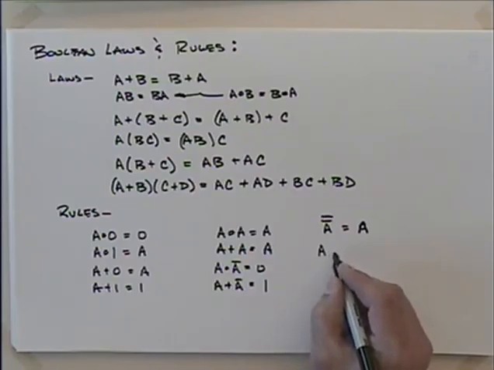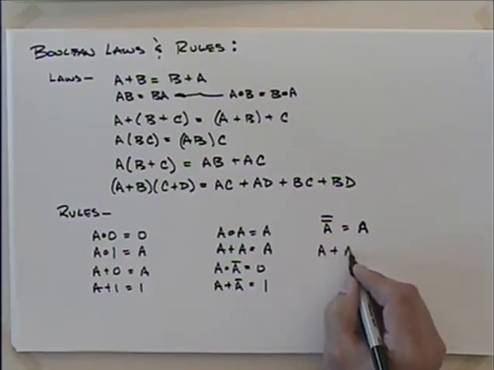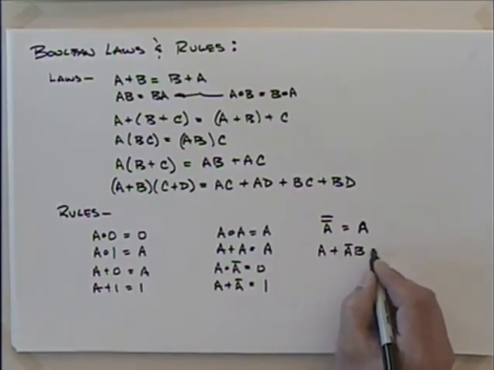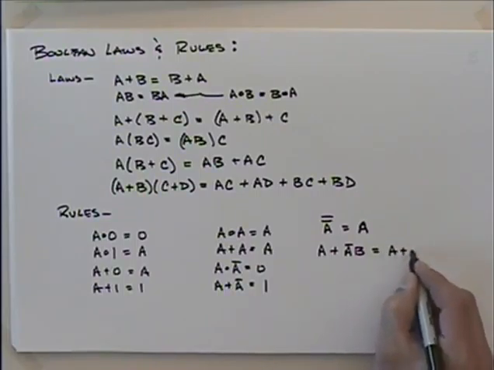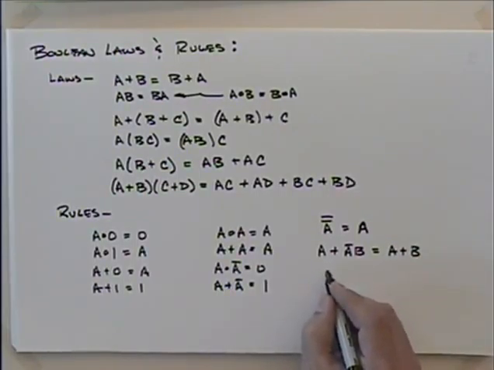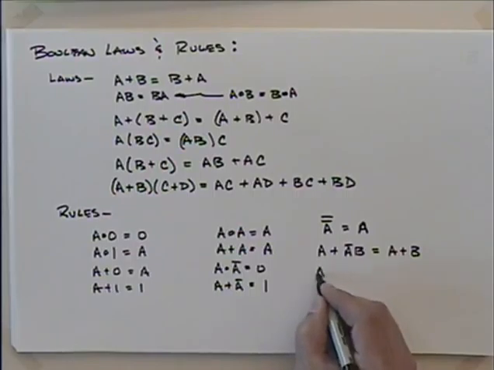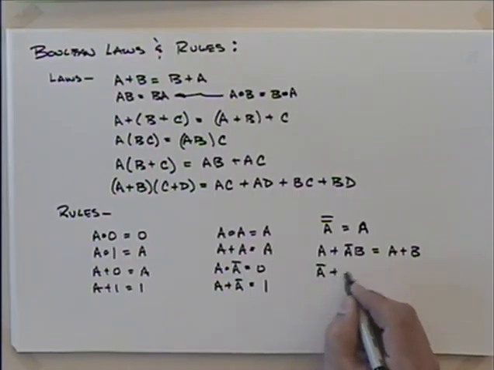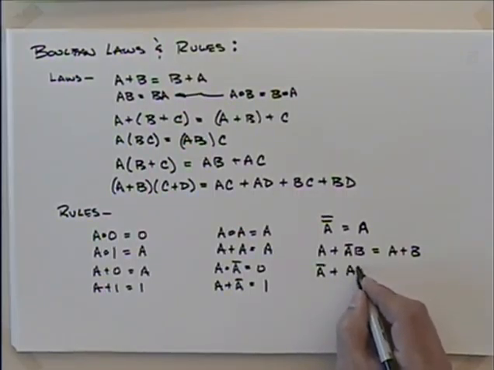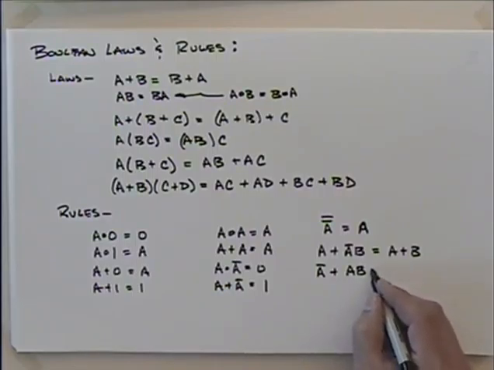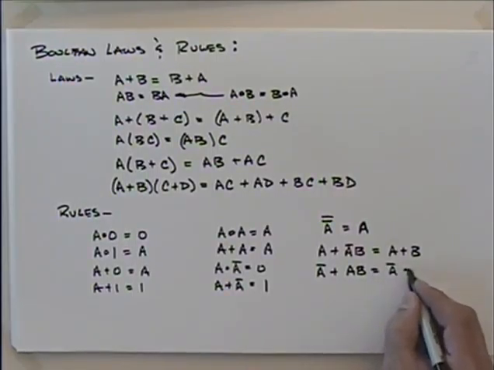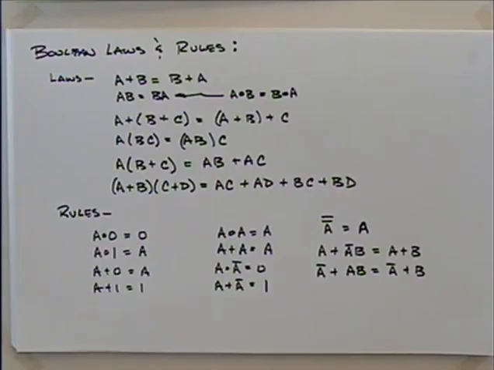So we could have A or not A and B, and that's going to be equal to A or B. And if you also have not A or B, that is equal to not A or B. Make sure I wrote those right.